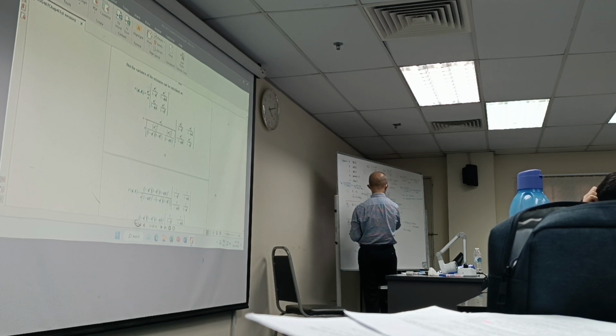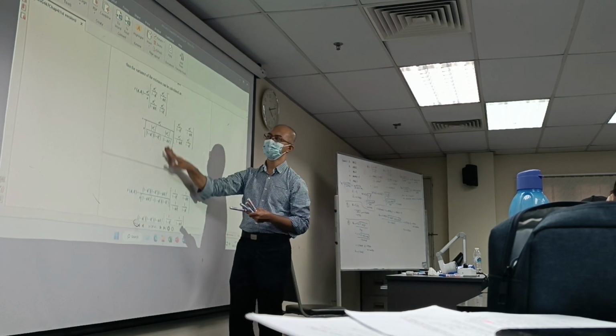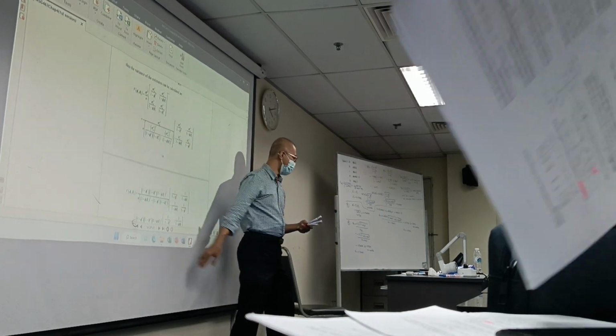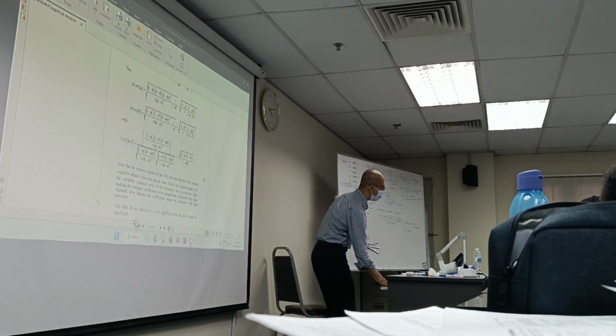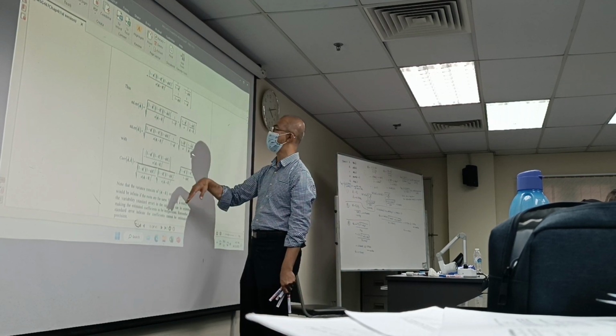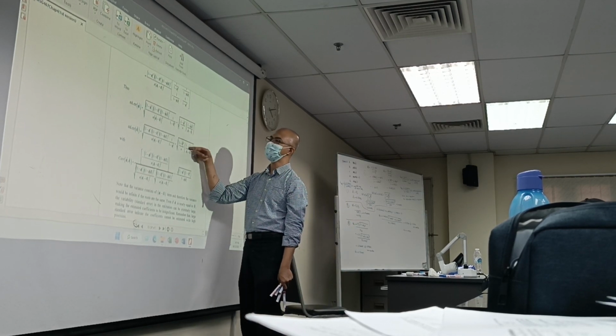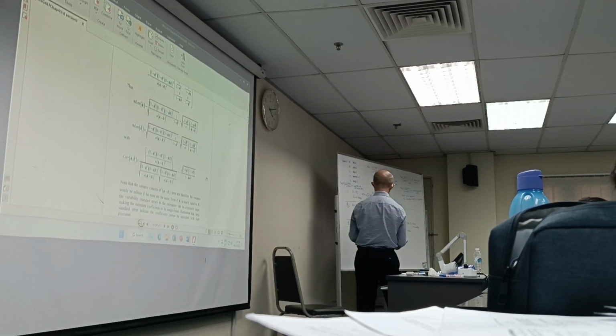So for ARMA 11, series D is ARMA 11. The estimate is, the proof is this. And it's complicated. If you are unlucky, this year you get this. So the estimate is this, the standard error, I also cannot remember.